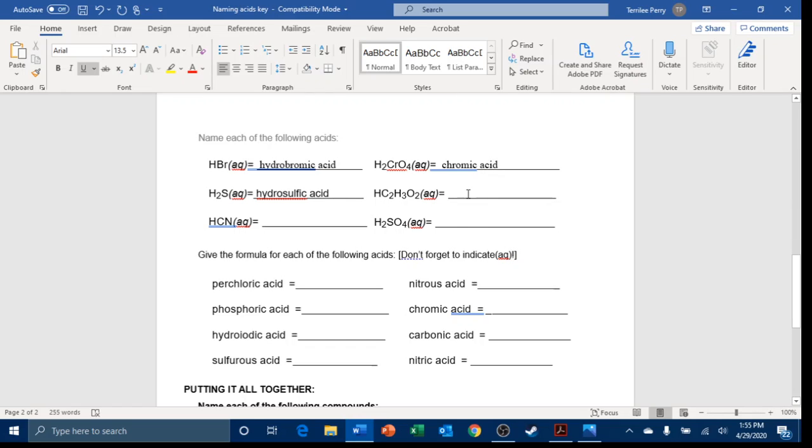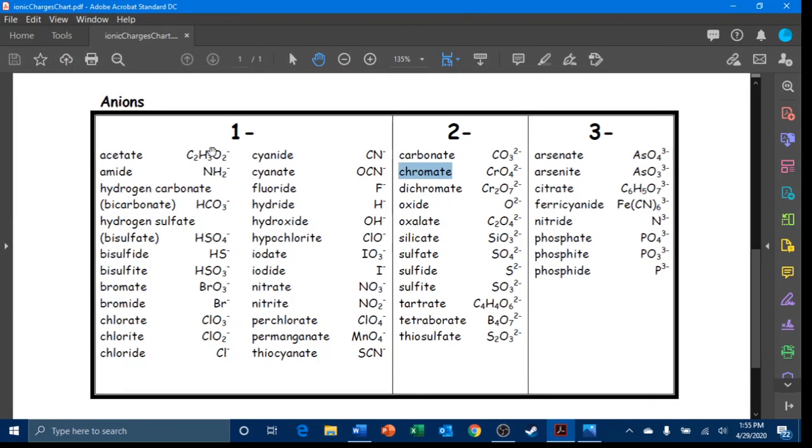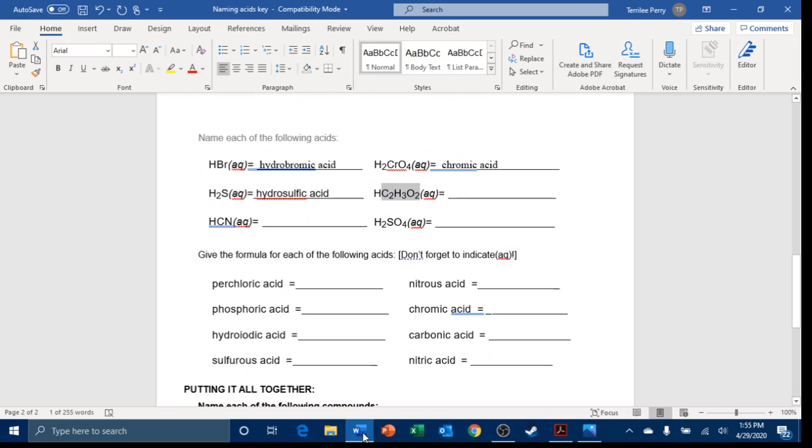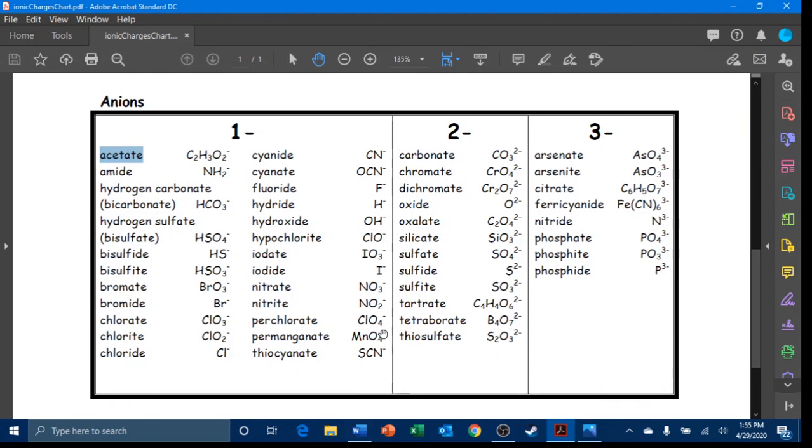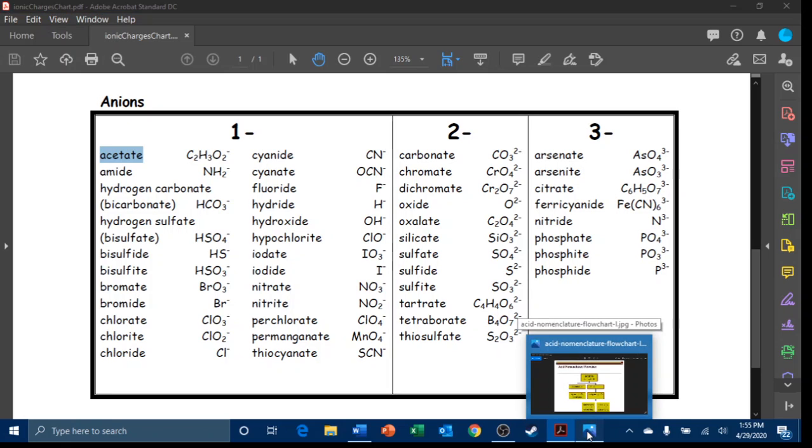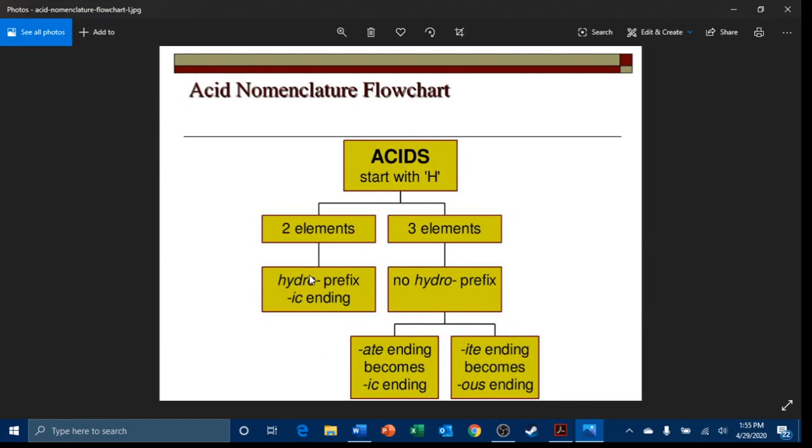Now this one, not as bad as it looks, I promise. Besides the H, you have C2H3O2, and that is an anion. Right here is acetate. Did I get that backwards? Let's see. C2H3O2. Yes, that's it right there, acetate. Now, if you go back, hydro and then ic.